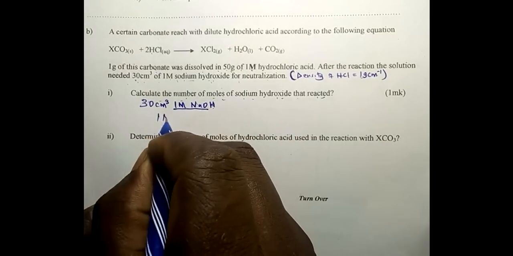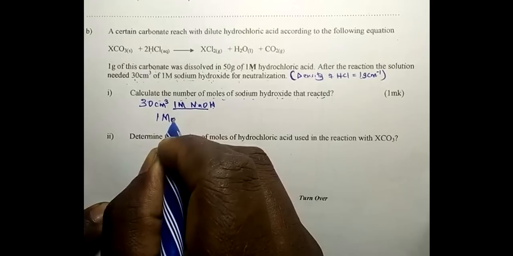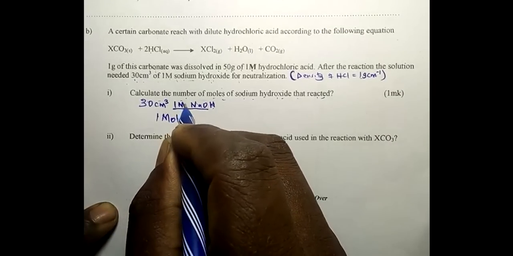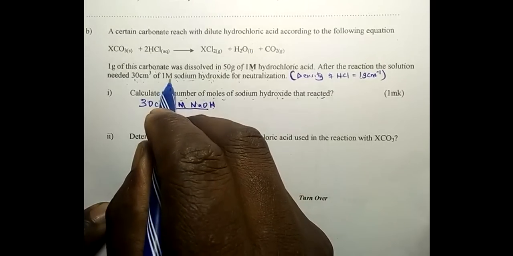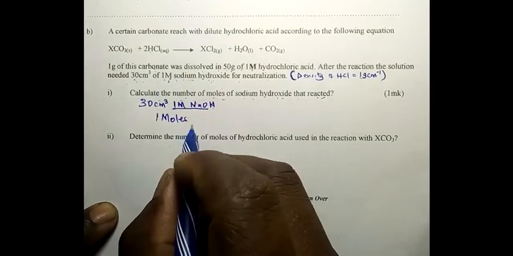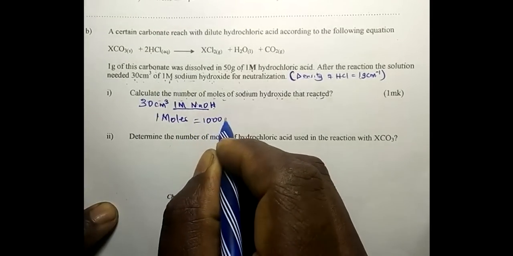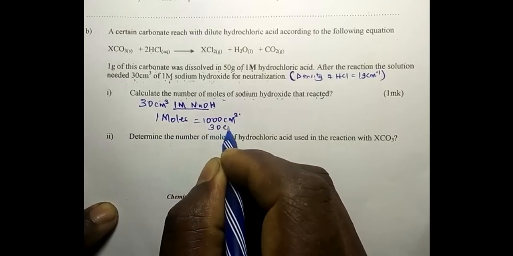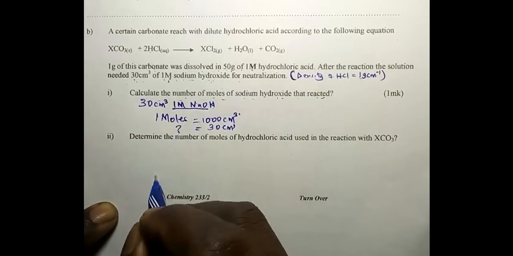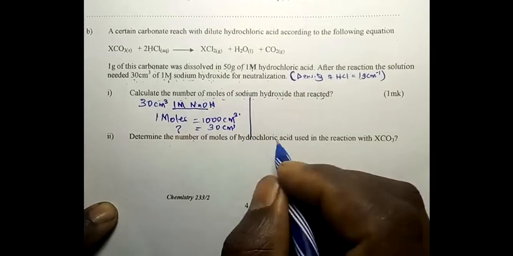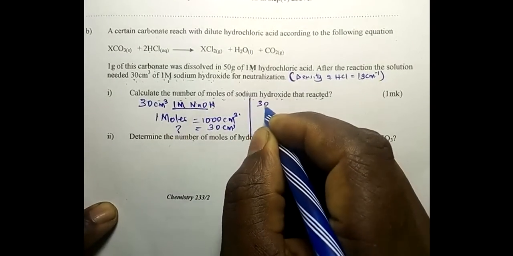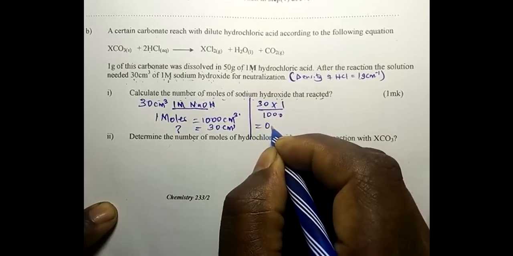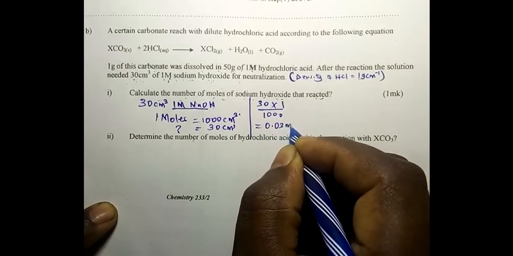Molarity is the number of moles in 1 liter, so this is in 1,000 centimeters cube. We will find out how many moles 30 centimeters cube will contain, because that's what we want to calculate. So that is 30 times 1, divided by 1,000, and that gives us 0.03 moles.